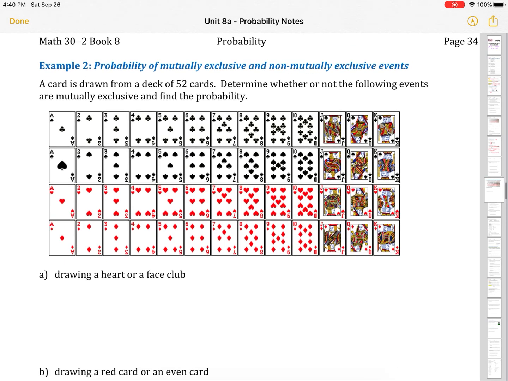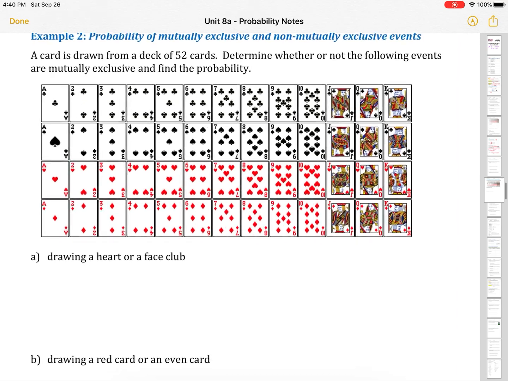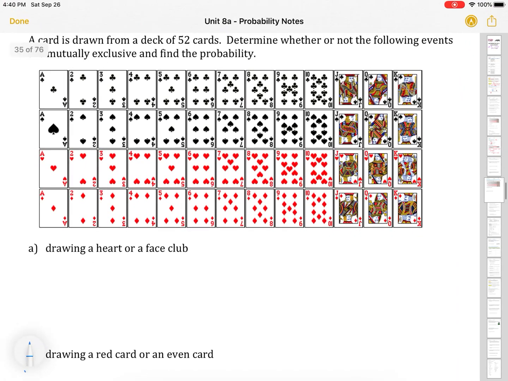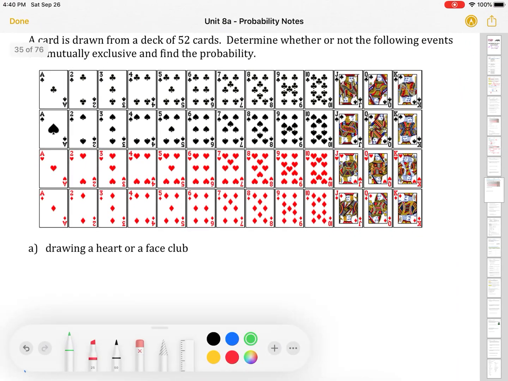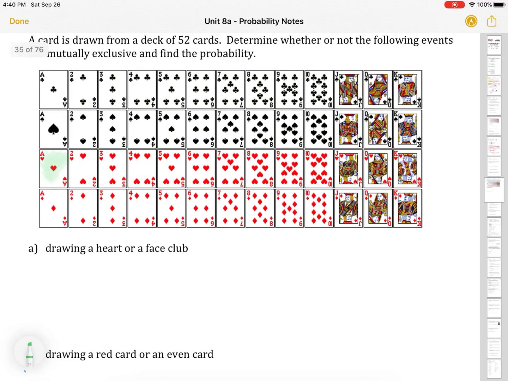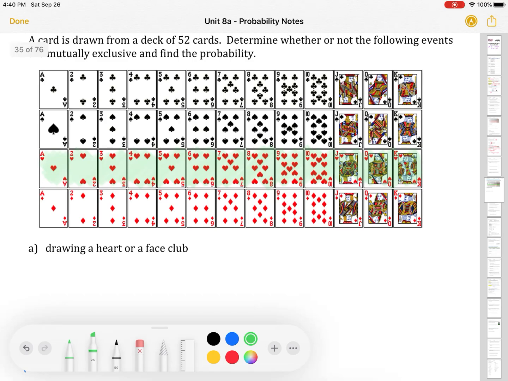Probability of mutually exclusive and non-mutually exclusive events. A card is drawn from a deck of 52 cards. Determine whether or not the following events are mutually exclusive and find the probability. So the nice thing about this is we've drawn out the whole deck, so we can do some highlighting to sort it out. So let's highlight drawing either a heart.